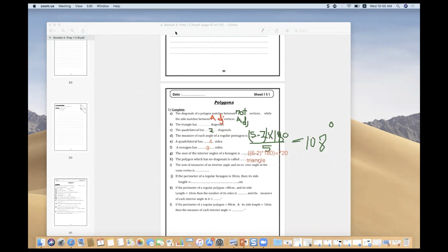The sum of the measures of the interior and exterior angles at the same vertex is 180.